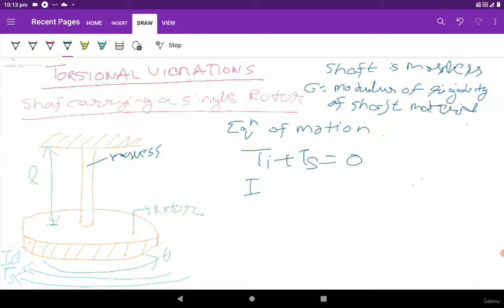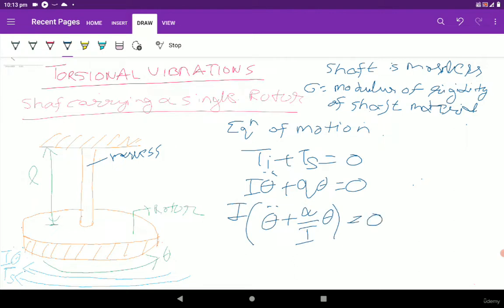That is I theta double dot plus q theta is equal to 0. Now taking I common, we get theta double dot plus q by I theta is equal to 0.